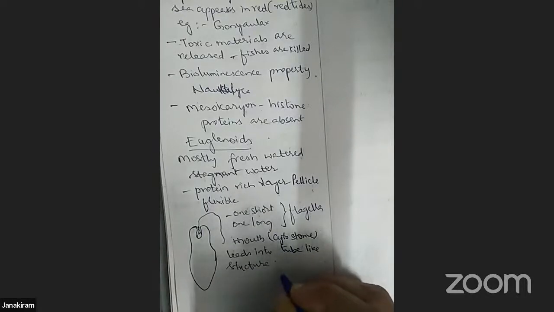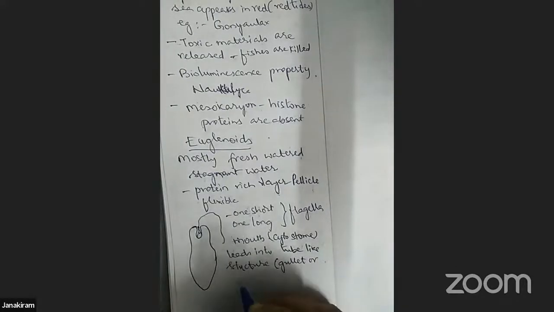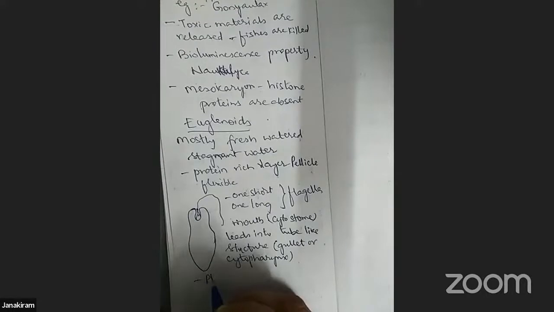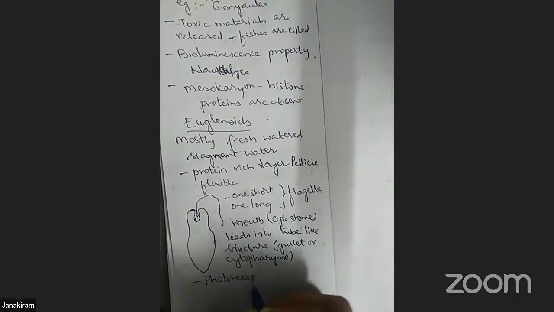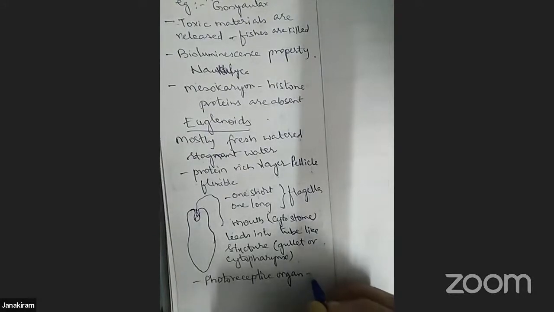This tube-like structure is called a gullet or cytopharynx. And of course, it has a photoreceptive structure on its anterior side in the cytoplasmic content. This photosensitive organ is called the stigma, or we can call it an eye spot also.